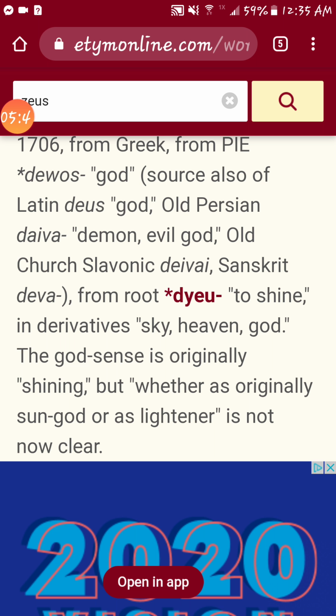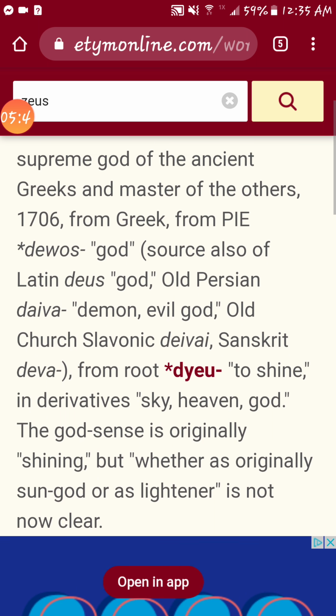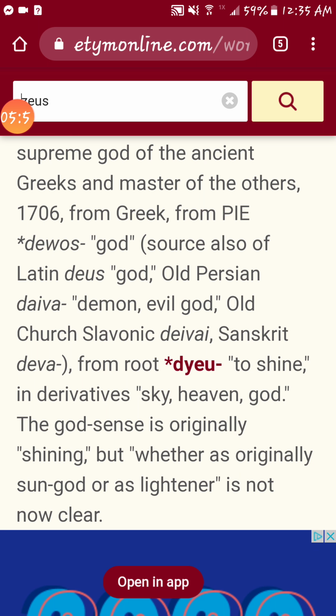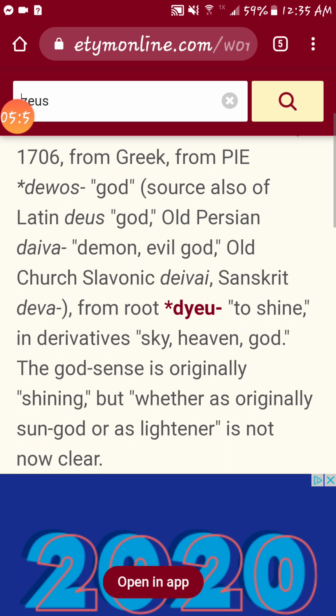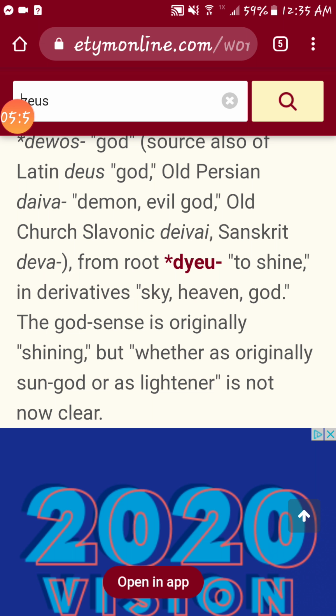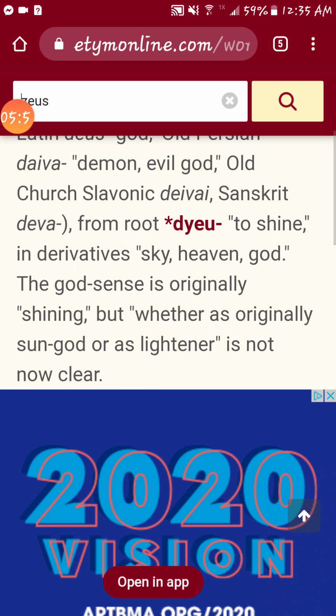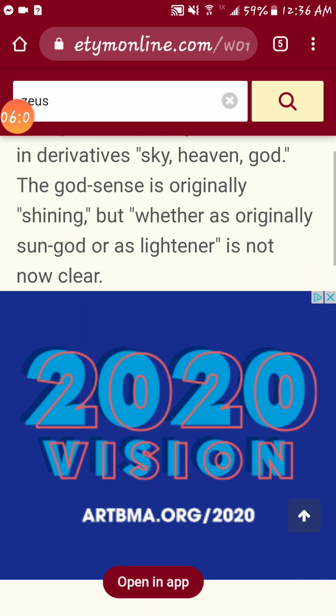I want y'all to remember this, from root dyeu, to shine. That is going to play a key indicator in another word that we're going to go over. Remember, this is Zeus we're talking about. In derivatives, sky, heaven, God. The God sense is originally shining, but whether originally a sun god or a lightener is not clear.